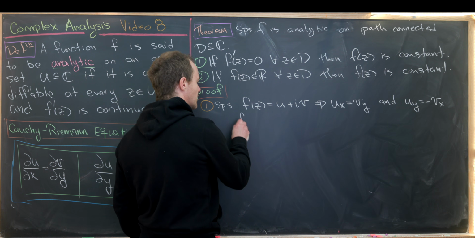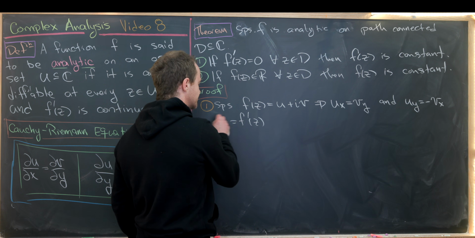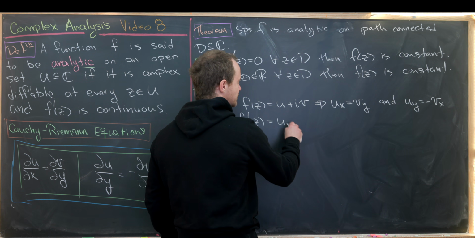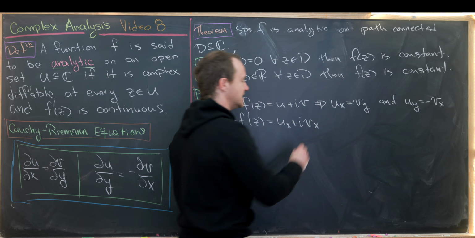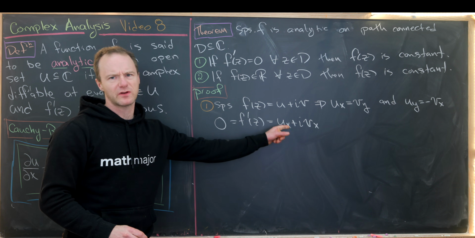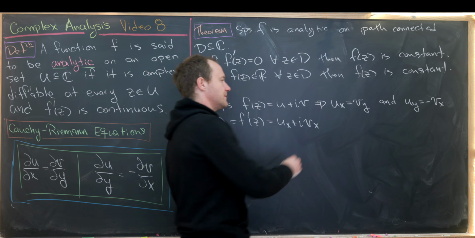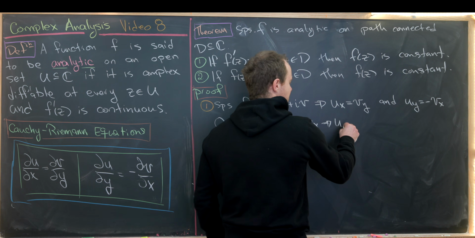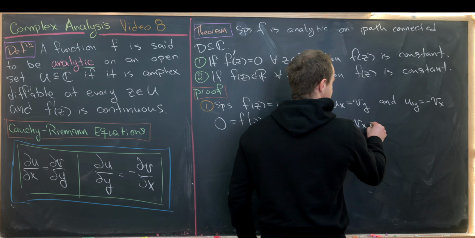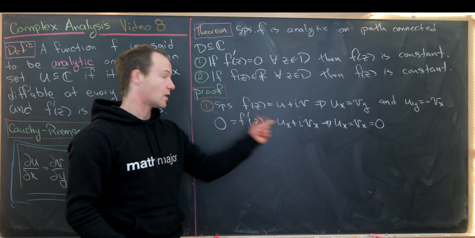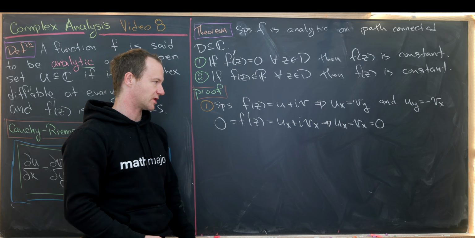But also we know f prime of z equals 0 and is equal to ux plus i vx. Again, by previously, we know that the derivative is equivalent to this. But this tells us that ux equals vx equals 0, because the whole thing is 0, so the real and imaginary parts are 0.